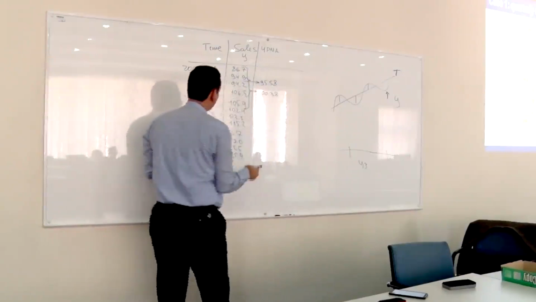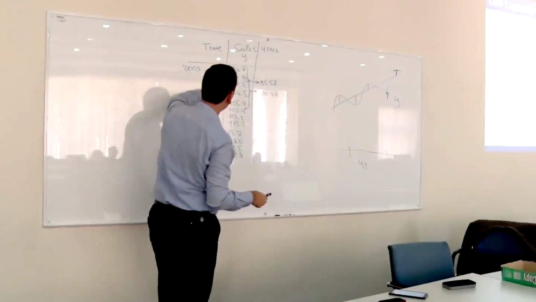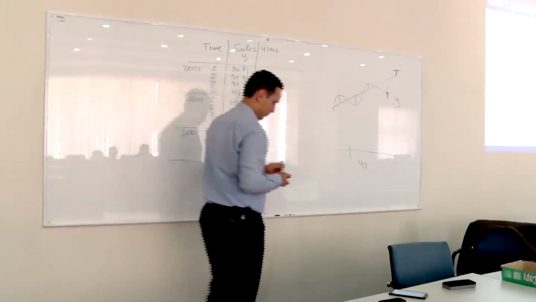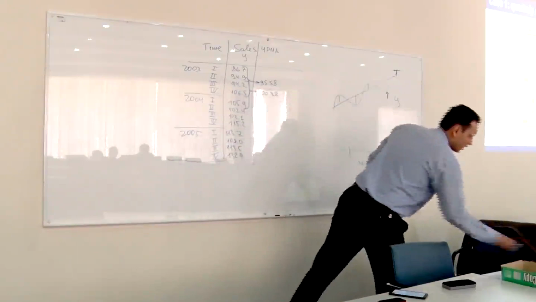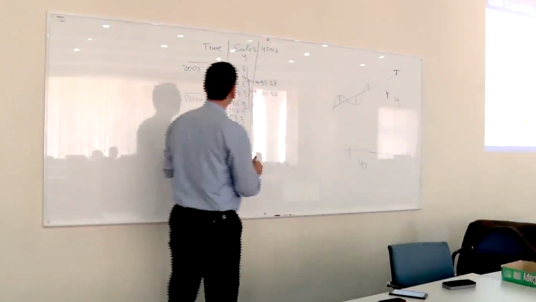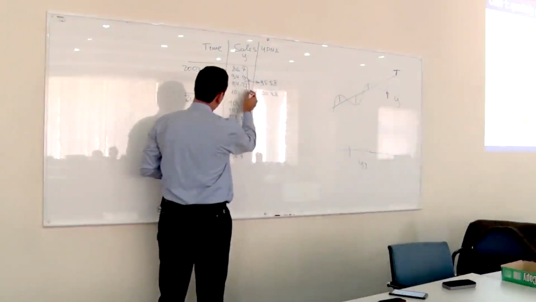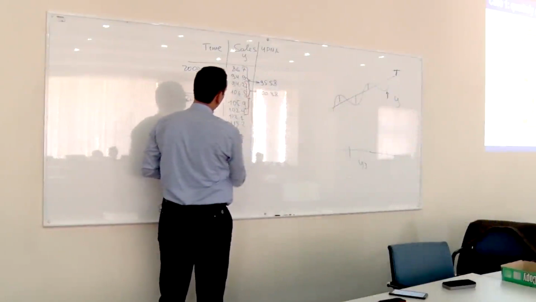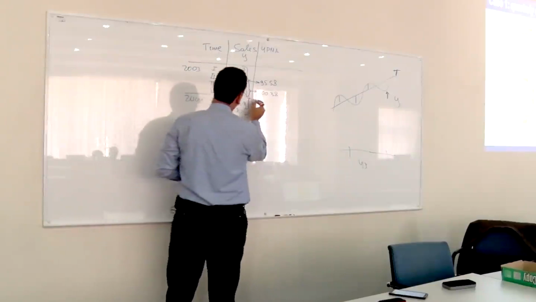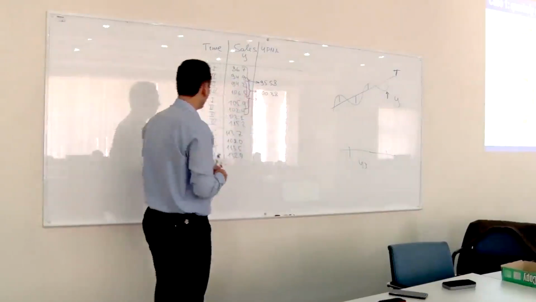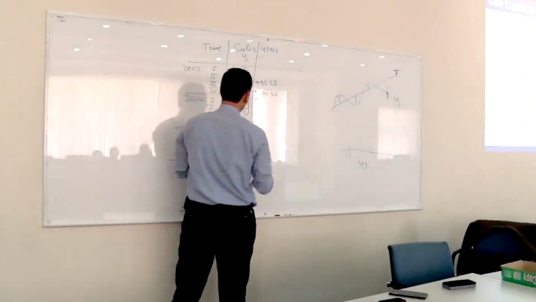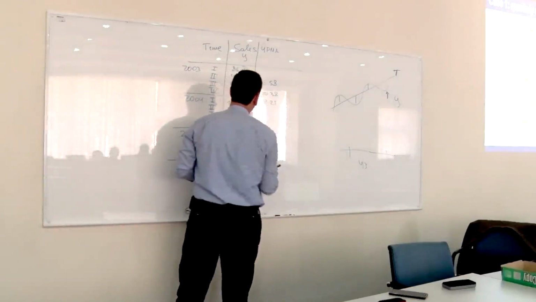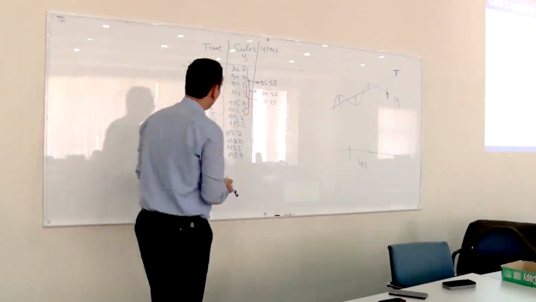And the next one. Now you take the next 4, starting from the third number. 1, 2, 3, 4. Let me use another marker here. We take from 94.2 until 102.4. The average of these four numbers is 100.25.